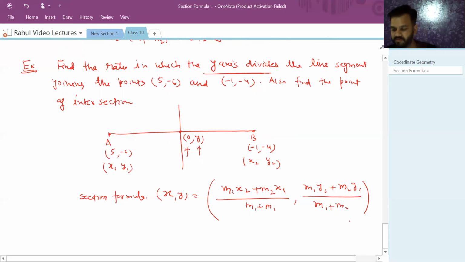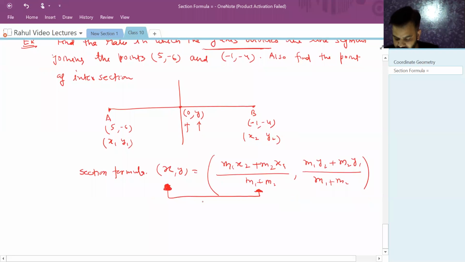Okay, so we can solve this. Using this x coordinate, because x we know, we can find the ratio. You have to do yourself according to a previous example.